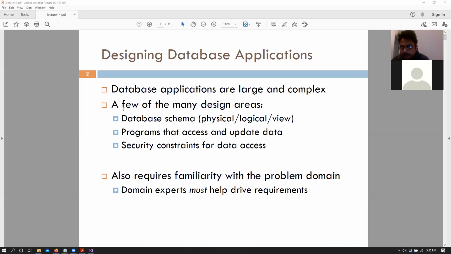So today, and from this class onwards, we are done more or less with the practical implementation aspects of databases. We are done with queries. We are done with all of those things.